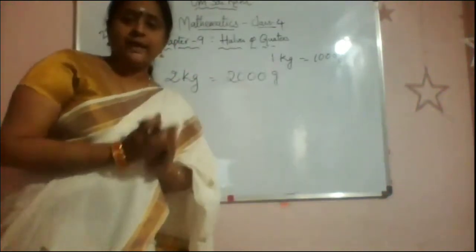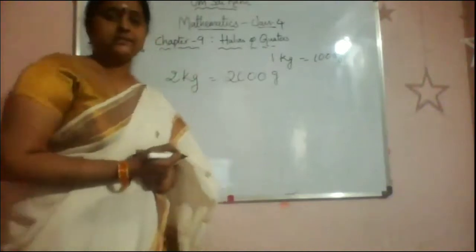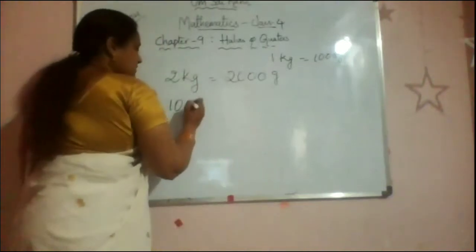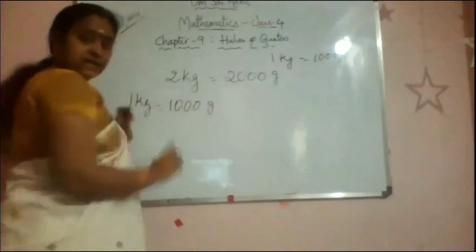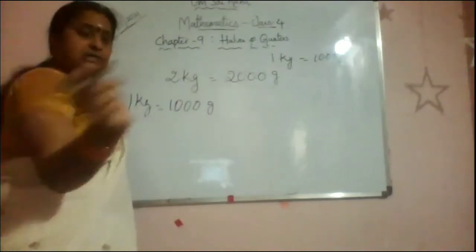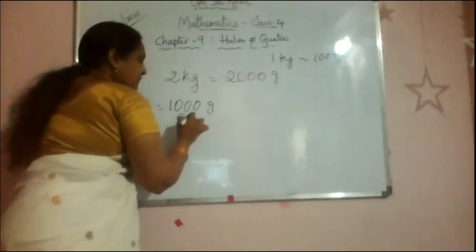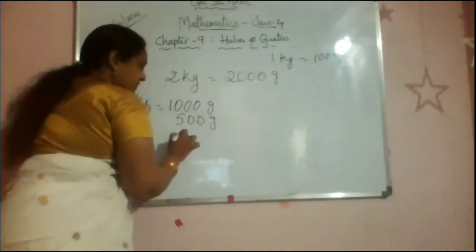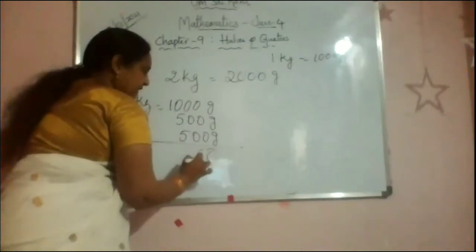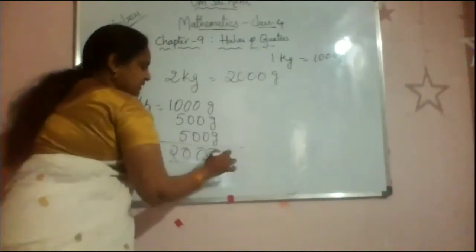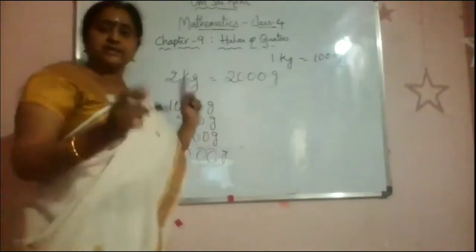There we have to get 2000 from the given weights. So we have 1 kg, which means 1000 grams. And as Joy said, he wants to pick 500 grams, 500 grams. So in total we will get 2000 grams, which means 2 kg.